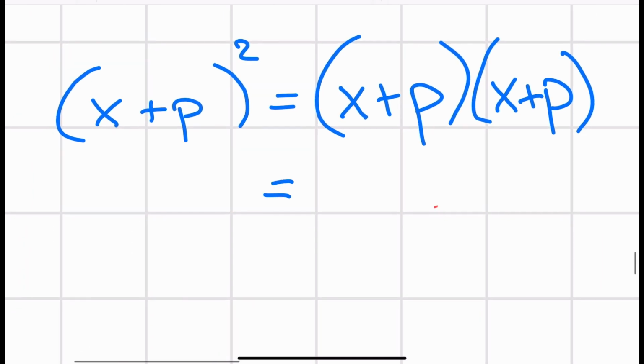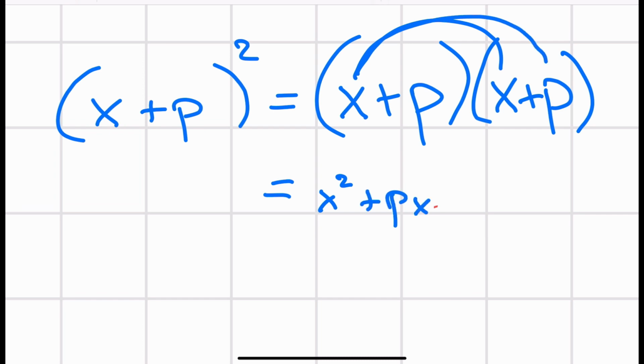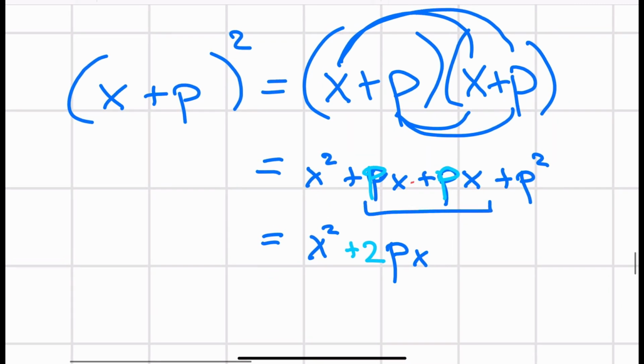If I expand this even further, I'll see that x squared plus px plus, again, remember, p is just any integer, some integer. I'll see that I end up with this equation, and I'm going to simplify this a little bit. So px plus px is the same as 2px, and then I'm going to add p squared again.